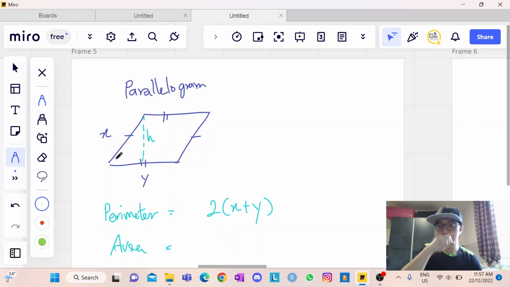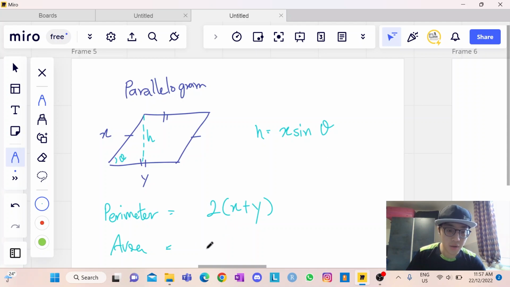By using the trigonometry rules that we're gonna see in the next 5 or 6 videos oncoming, from x here, if you have the theta right here, then h will be equal to x sine theta. Yeah, so h will be x sine theta, and we will see this in our trigonometry videos.